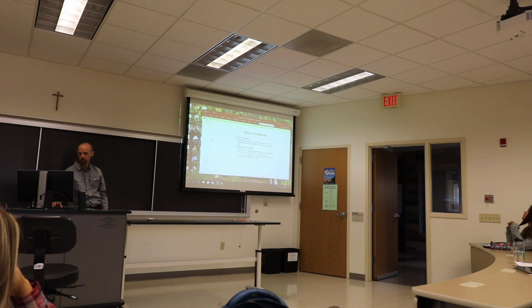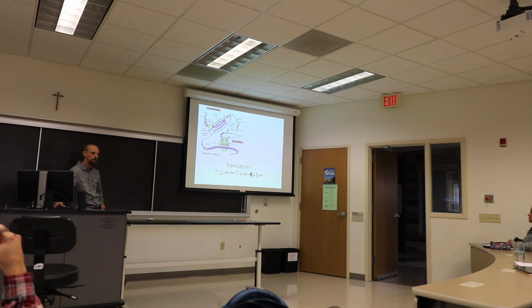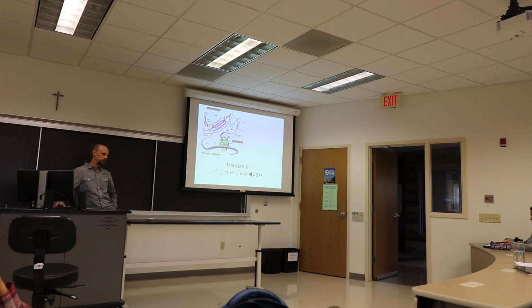All right, so let's flip to this. This is the translation piece. Okay, so where we've come from, right? Way back when this class was brand new, we did transcription and talked about DNA structure, so way back over here.